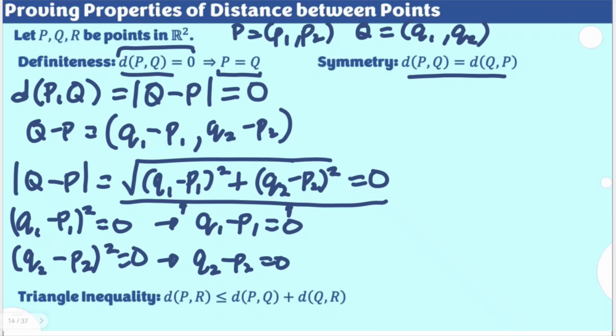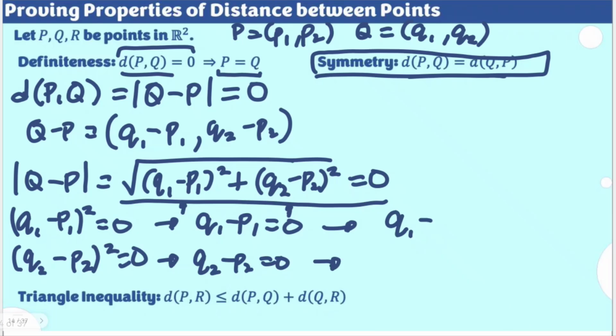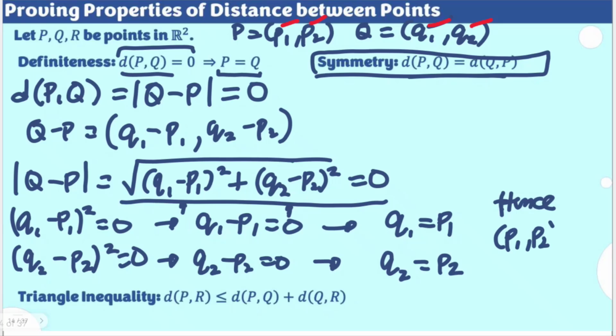Which further indicates that Q sub 1 is equal to P sub 1 and Q sub 2 is equal to P sub 2. Hence, we have P sub 1, P sub 2 equal to Q sub 1, Q sub 2.